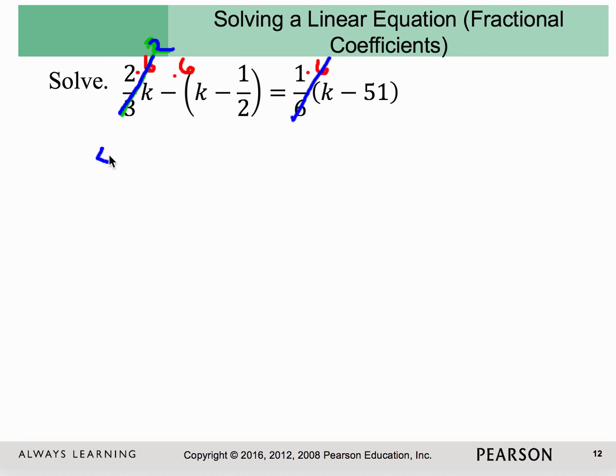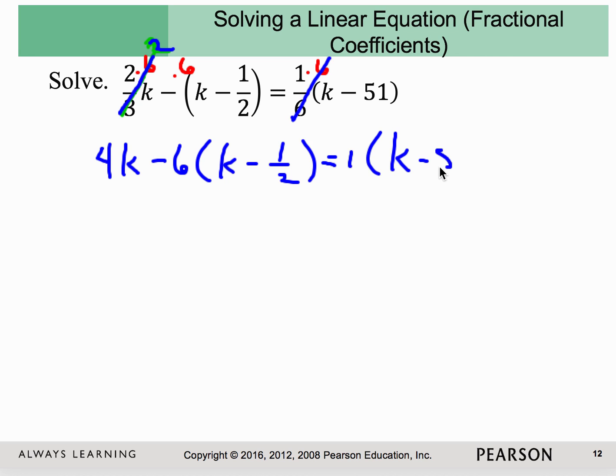So that's 4k minus 6 times k minus a half equals, and now 6 divided by 6 is gone, so there's the 1, k minus 51.